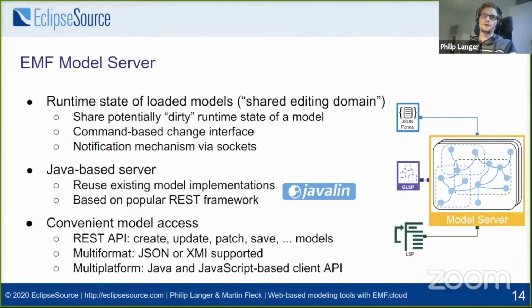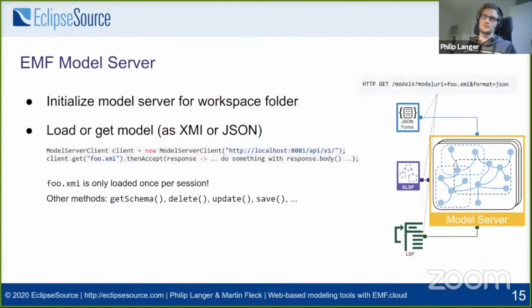In order to achieve that, it provides a REST API, as mentioned before, with the typical operations, and provides the model in multiple formats depending on what the client prefers, either JSON or XML. And there is a client library for Java and JavaScript, so that it's very easy to hook up to this model server.